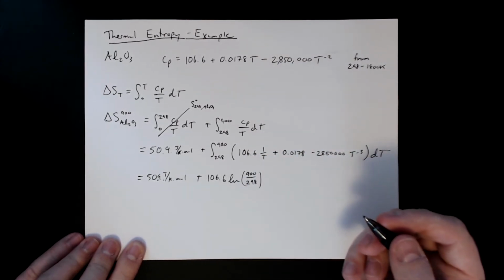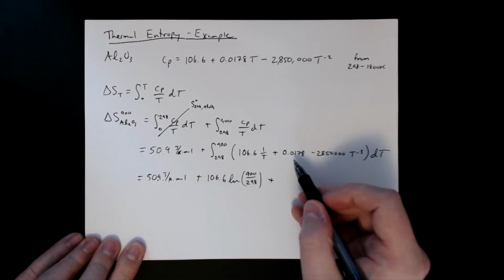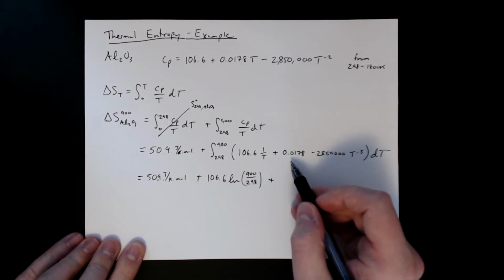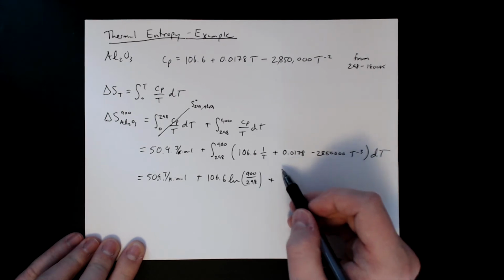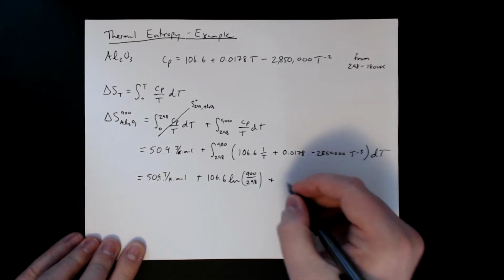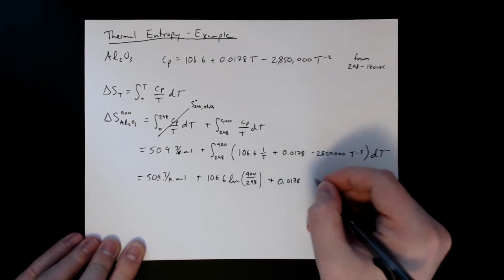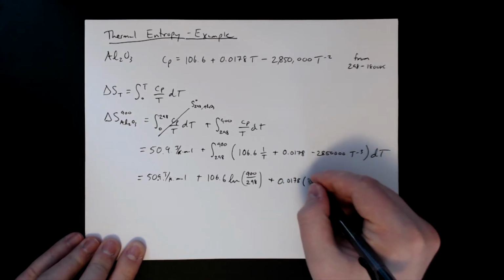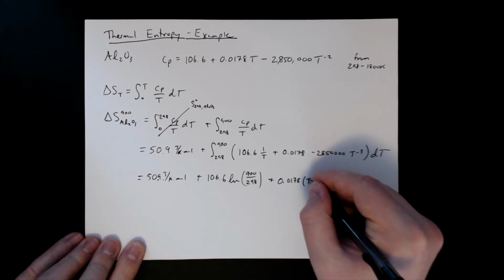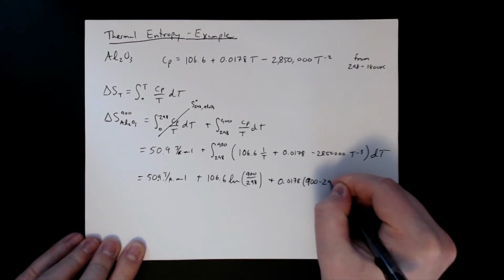Just plugging everything in. And then the constant term here, when we evaluate that, becomes multiplied by T, so we're going to do 0.178, multiplied by T2 minus T1, which is 900 minus 298.